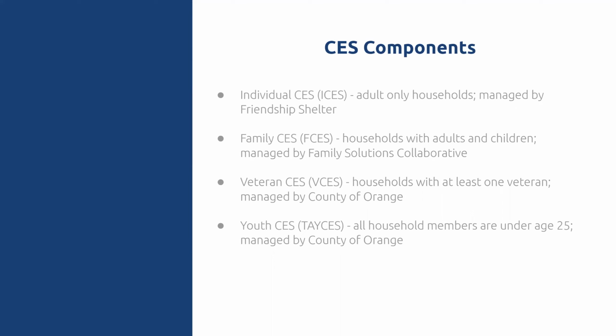Family CES is for households with adults and children and is managed by Family Solution Collaborative. Veteran CES serves households with at least one veteran and is managed by the County of Orange. Youth CES serves households where all the members are under the age of 25 and is also served by the County of Orange.